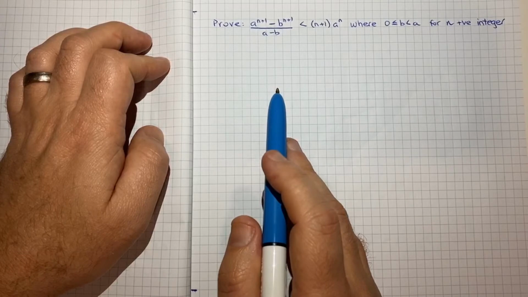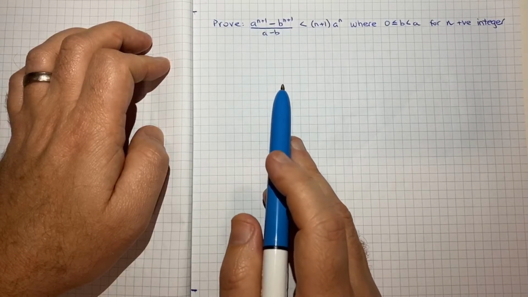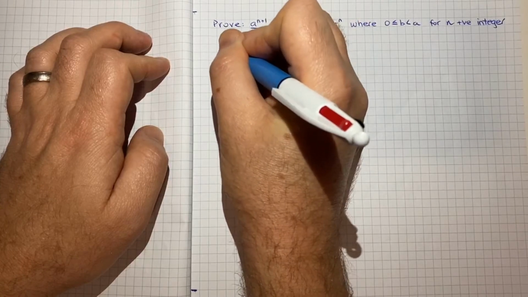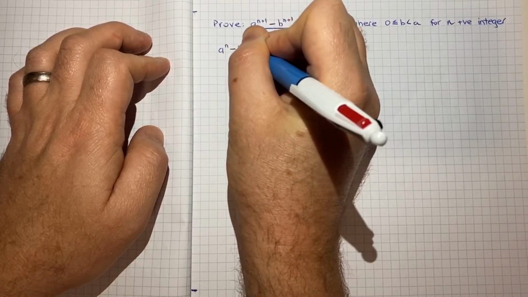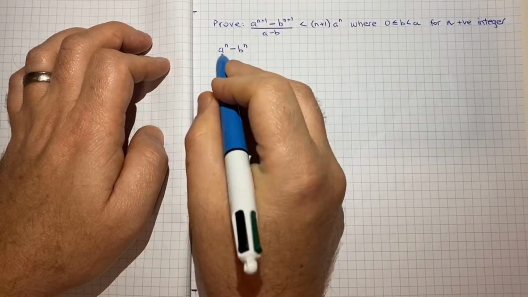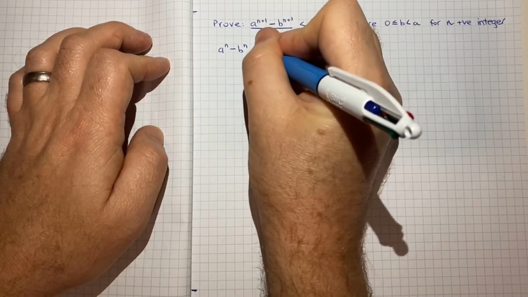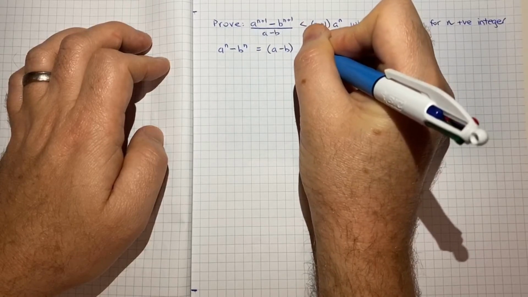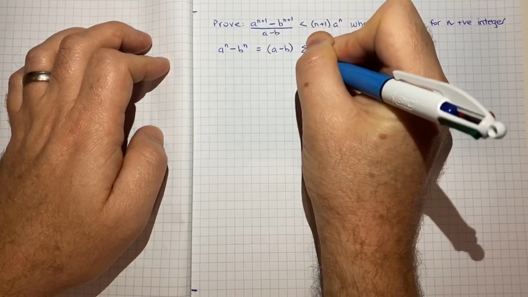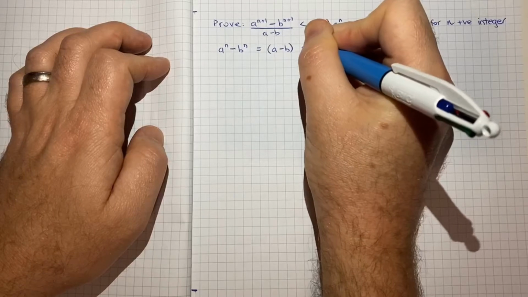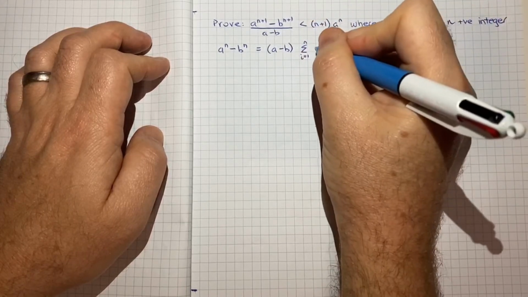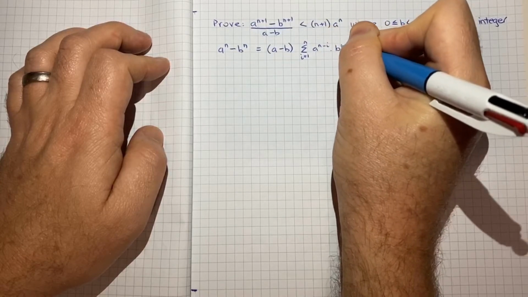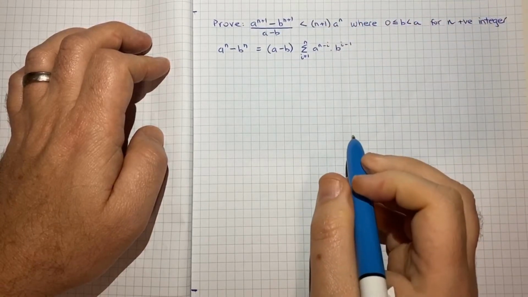In our case, the identity we need is that a^n − b^n, in general, is equal to (a − b) times the sum from i = 1 to n of a^(n−i) times b^(i−1).